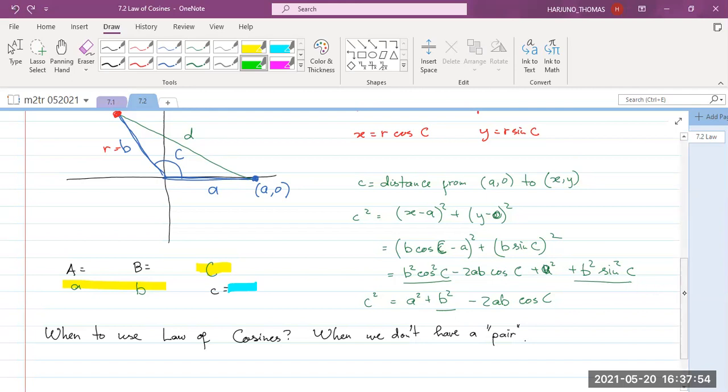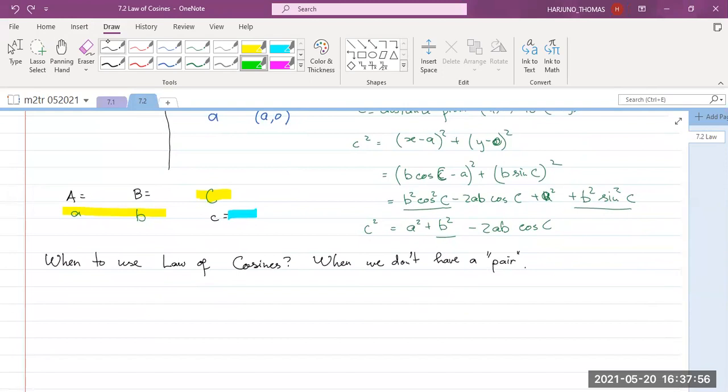Let's see. I start with the easiest one first, number 5. Oh, let me jump to number 7 right away. Number 7. So we have beta to be 150 degrees, side A is 150, side C equals 30.